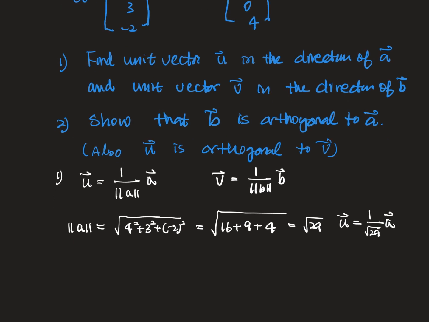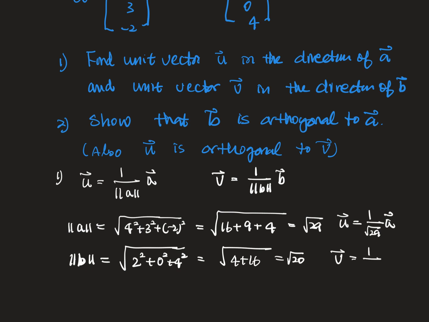The length of B is the square root of 2 squared plus 0 squared plus 4 squared, which is 4 plus 16, so square root of 20. The unit vector in the same direction as B is v, 1 over square root 20 times the B vector.